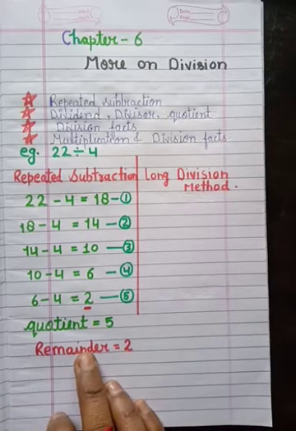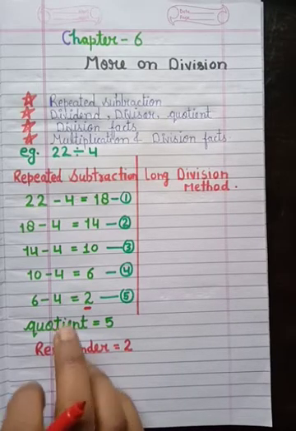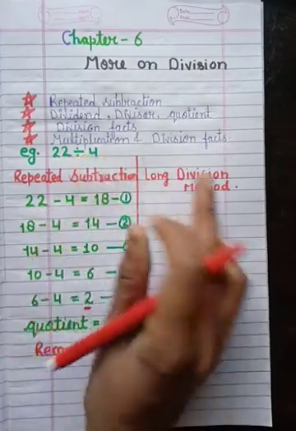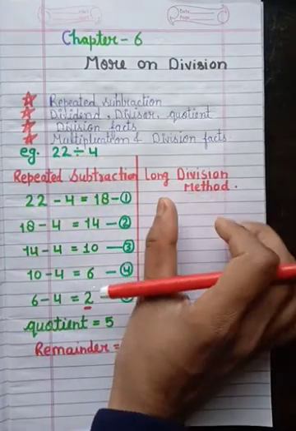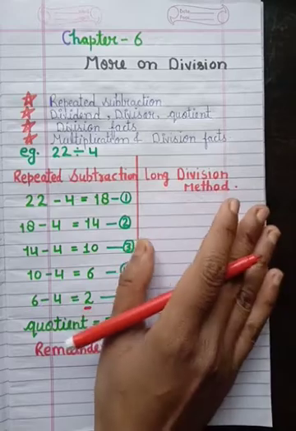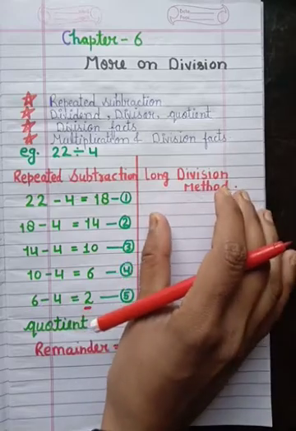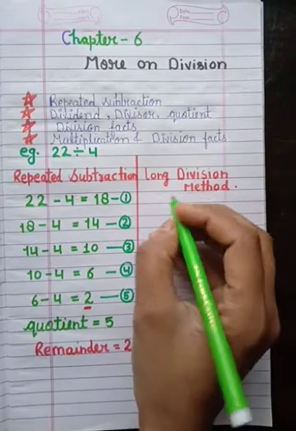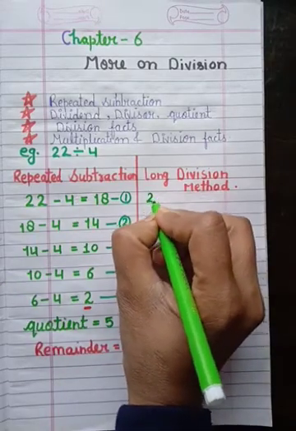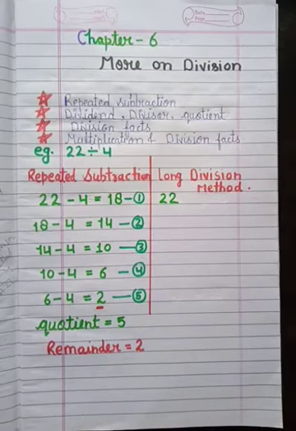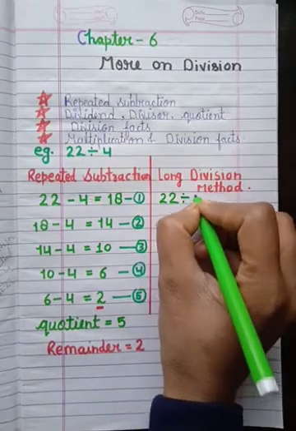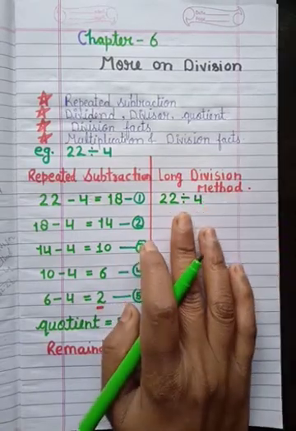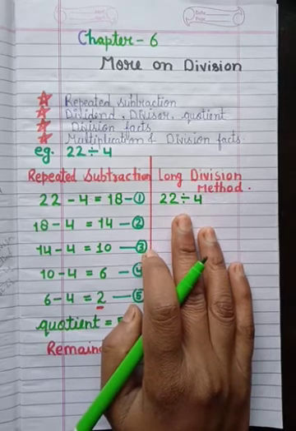Now let's solve this same question with the help of the long division method, which is much easier. The question is 22 divided by 4.